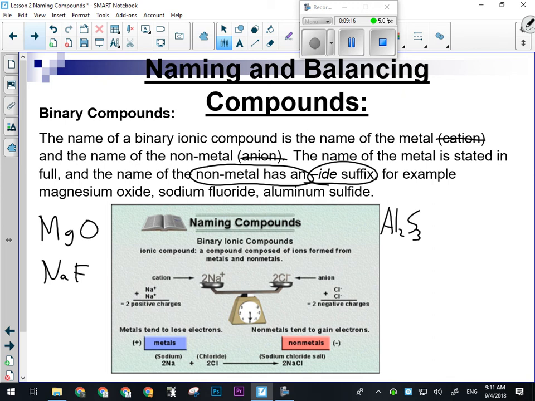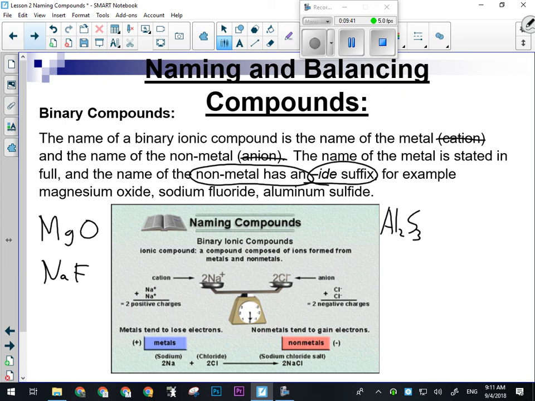That's why we drop and swap. So we don't need to put prefixes on there, because that's the only arrangement. Molecular compounds are different. We do have to use prefixes because they're sharing electrons. They can get together in any number of different combinations. So we use prefixes for those, but we don't use prefixes for ionic compounds. Another thing that none of these names have that names usually have.